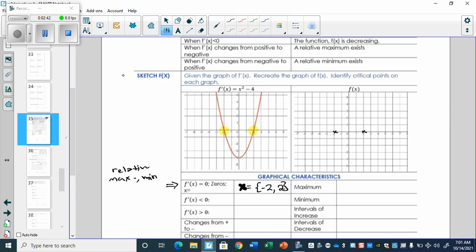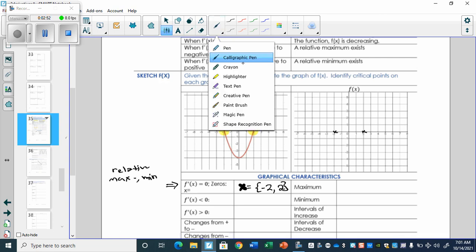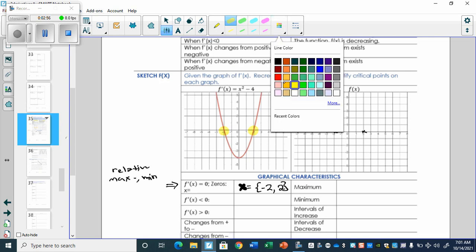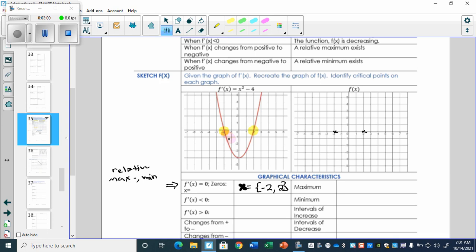Now I'm going to highlight where the y values are less than 0. I'm going to highlight that pink. All of the y values on the derivative are less than 0 from here all the way over to 2, so from -2 to 2.